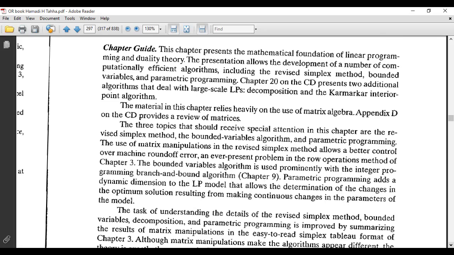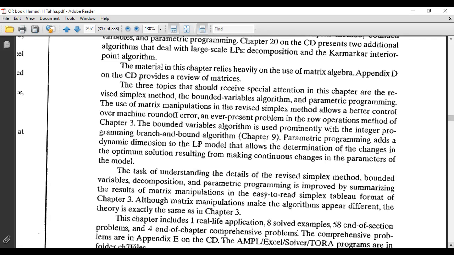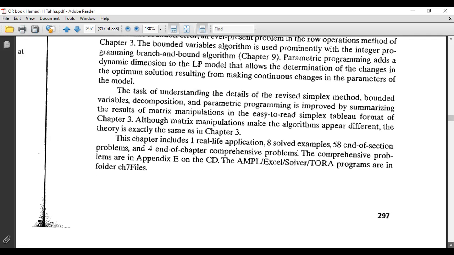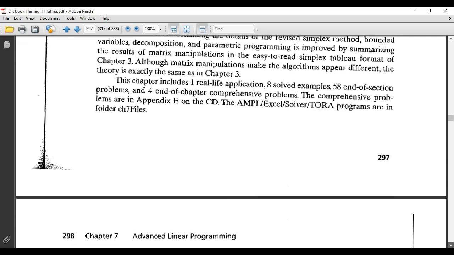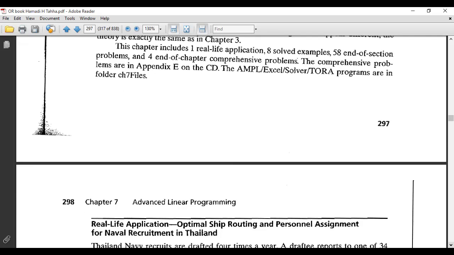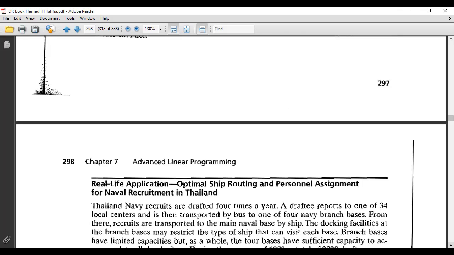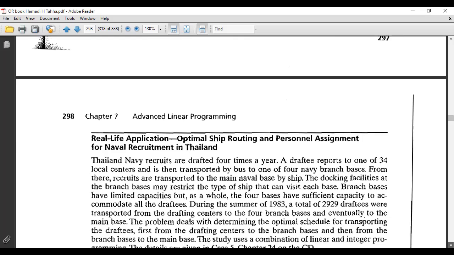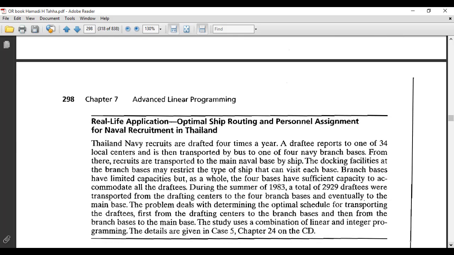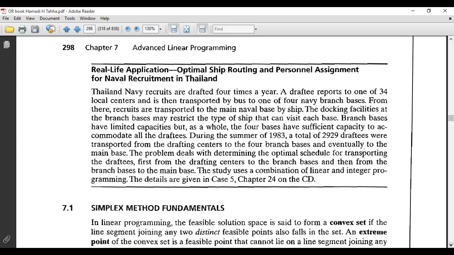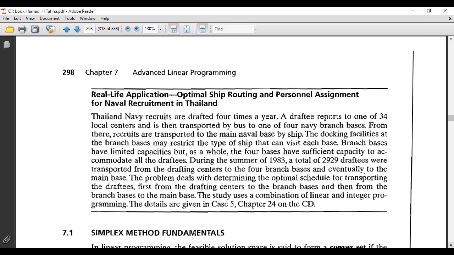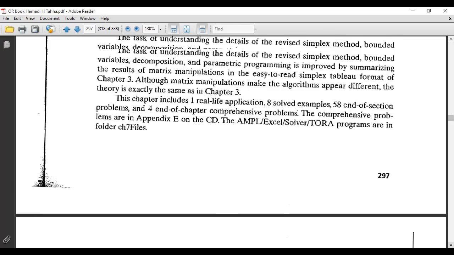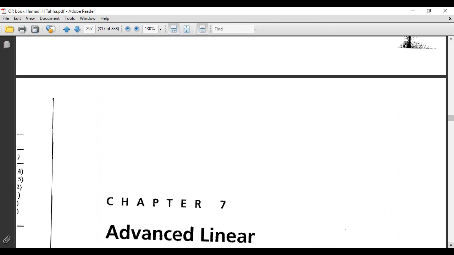In the simplex method, we have the two-phase method, the M-method, and other methods. We find their degeneracy, optimality, and independency. All this we will do in advanced linear programming, but with the help of the matrix form. That's why it is called advanced linear programming.